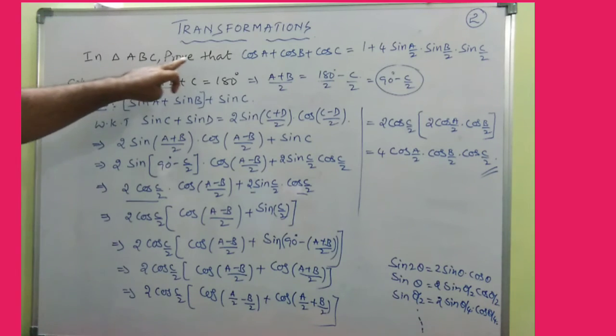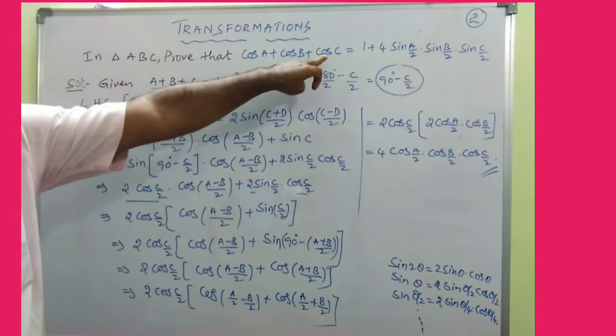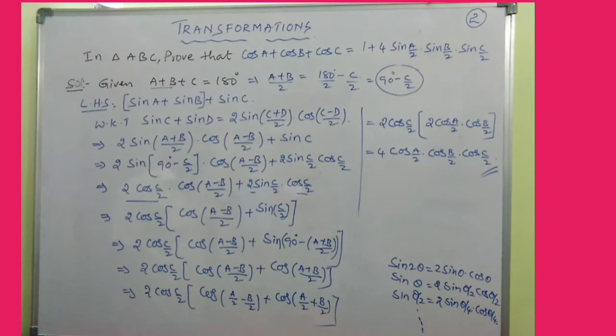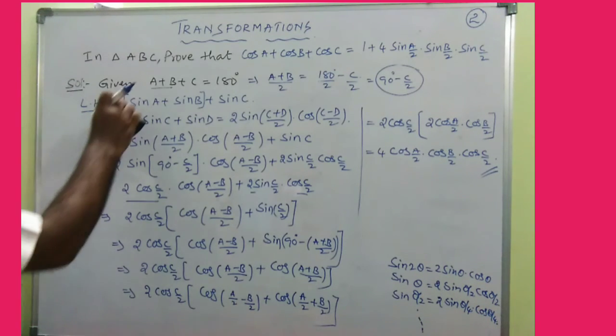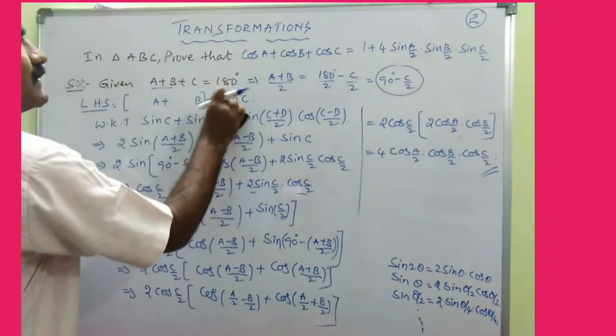So coming to the next problem, prove that cos a plus cos b plus cos c is equal to 1 plus 4 sin a by 2 into sin b by 2 into sin c by 2. Okay, so first consider the LHS.